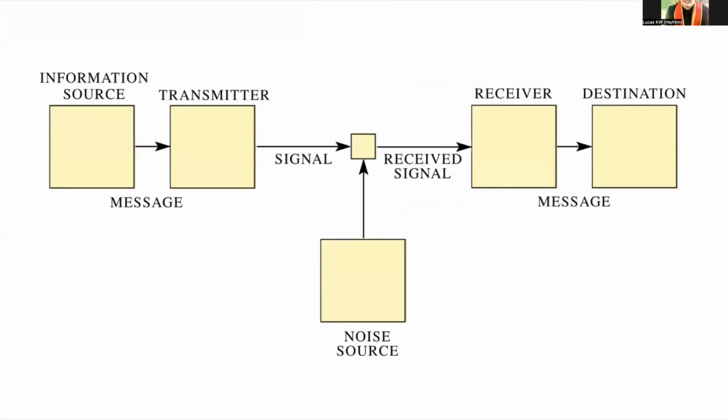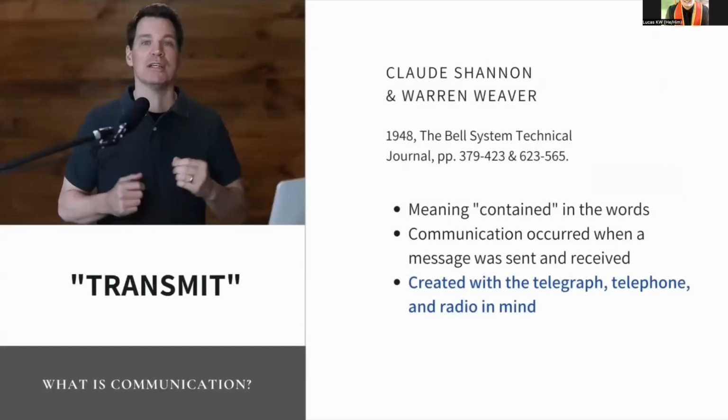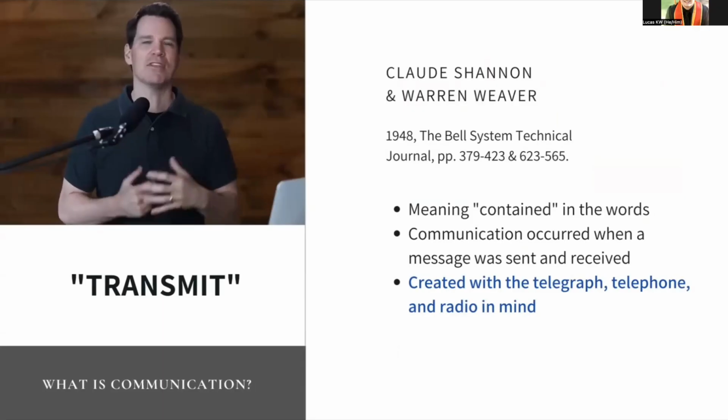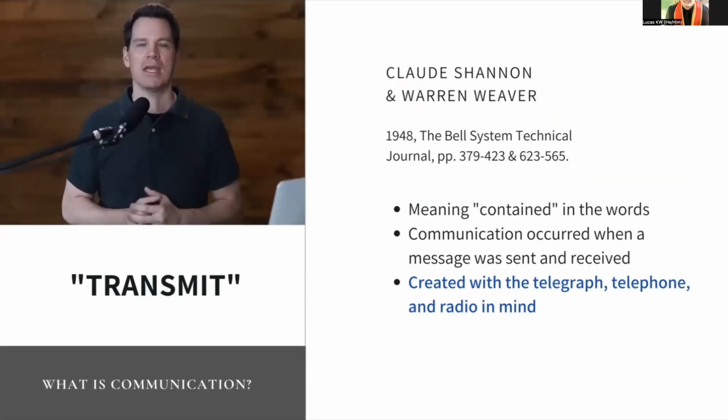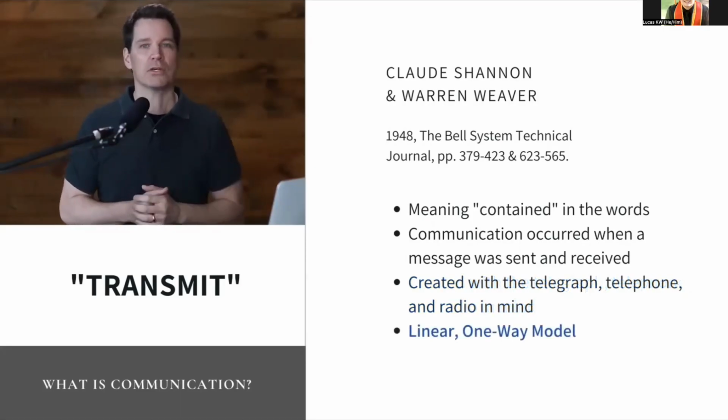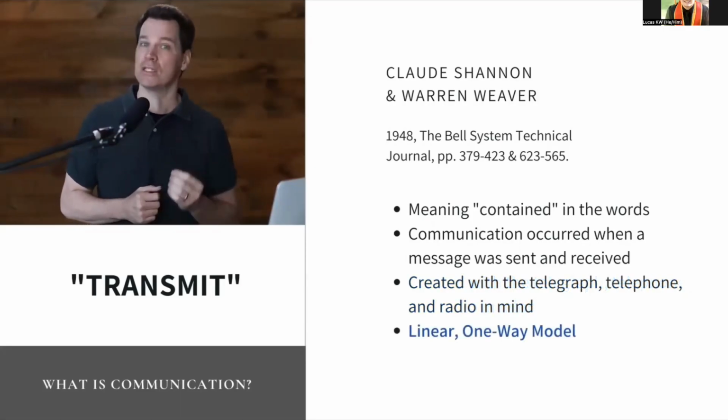That concept came later. Shannon and Weaver were diagramming and were interested in communication systems like the telegraph, the telephone, and radio. And their model reflects that 1948 way of looking at communication. So it's a linear, one-way model that describes how information is transmitted.